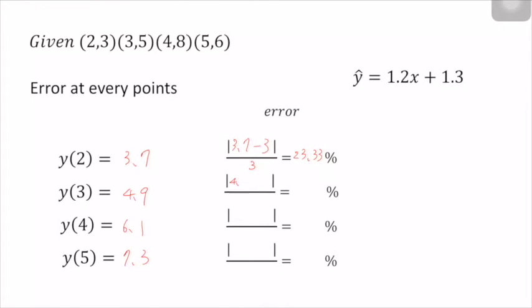The second one is 4.9 minus 5 over 5, which is 2%. For this one, 6.1 minus 8 over 8 is 23.75%. For the last one, 7.3 minus 6 over 6 is 21.67%.